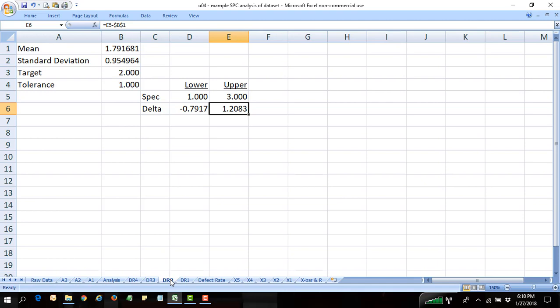And that shouldn't surprise you, that the mean of the distribution is somehow between the lower and the upper specification limits. But I can't calculate the probability of that happening because I don't have probability data for a curve with a mean of 1.79 and a standard deviation of 0.95. So what I need to know is how much these deviations are in terms of the standard deviation.